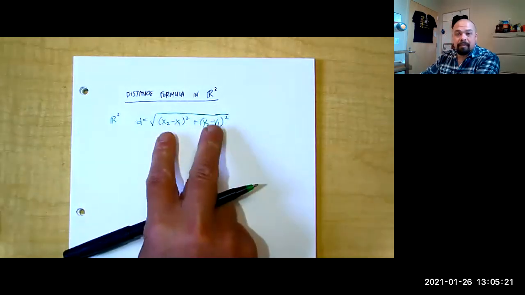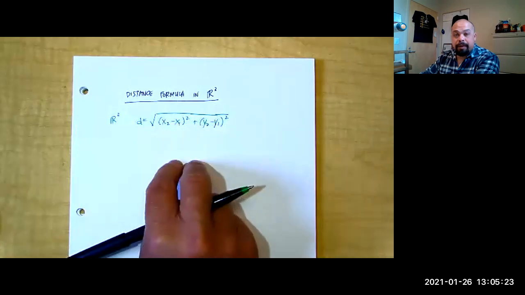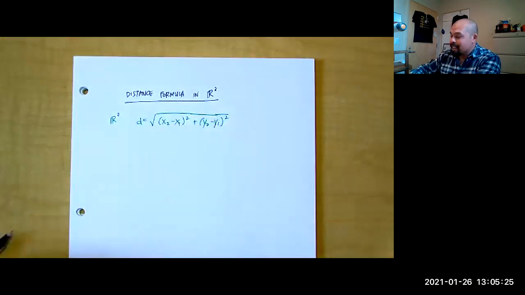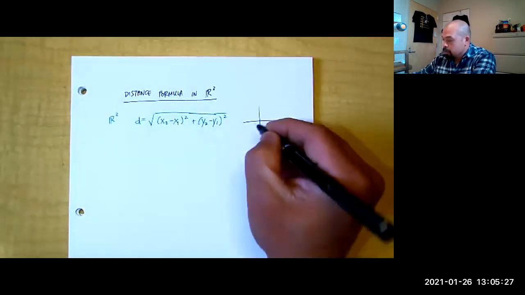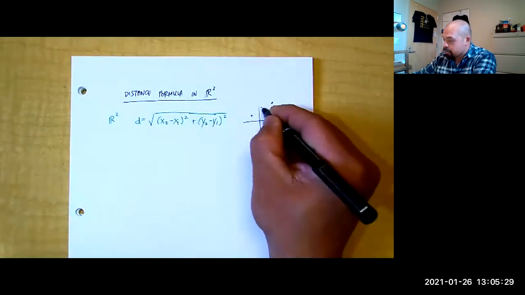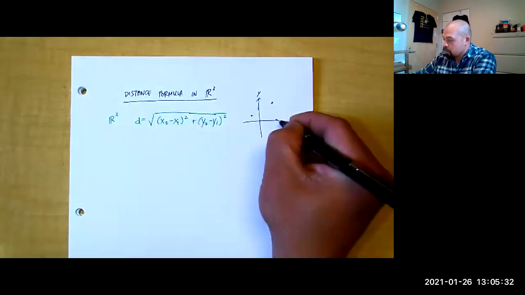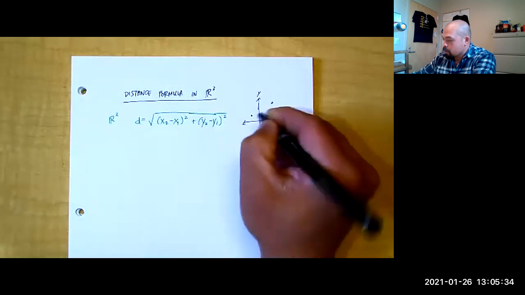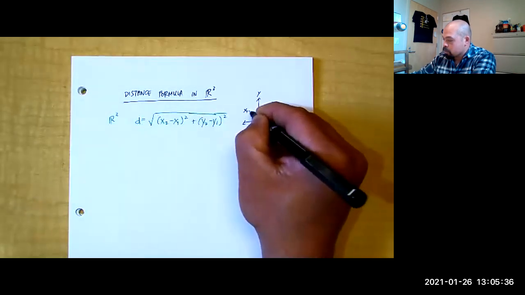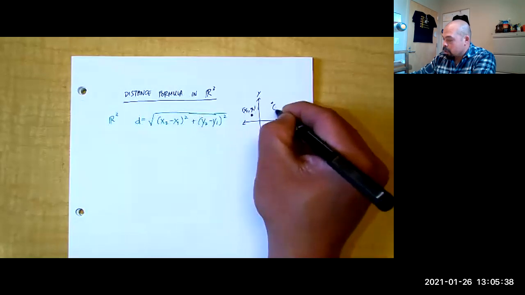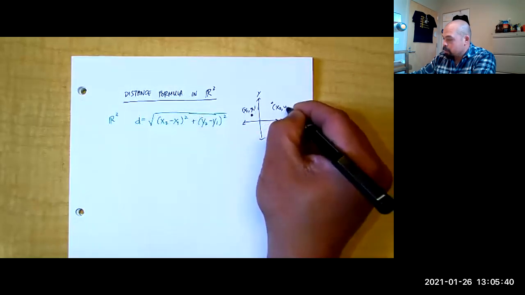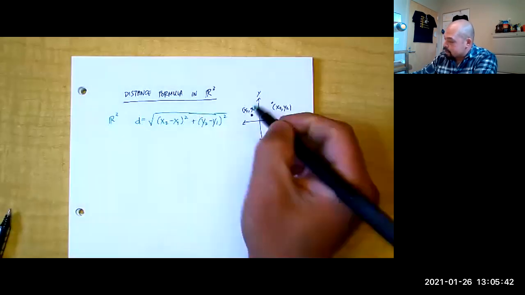The sum of those differences squared. That's going to give us our distance, pardon me, between any 2 points in two-dimensional space, right? That distance.